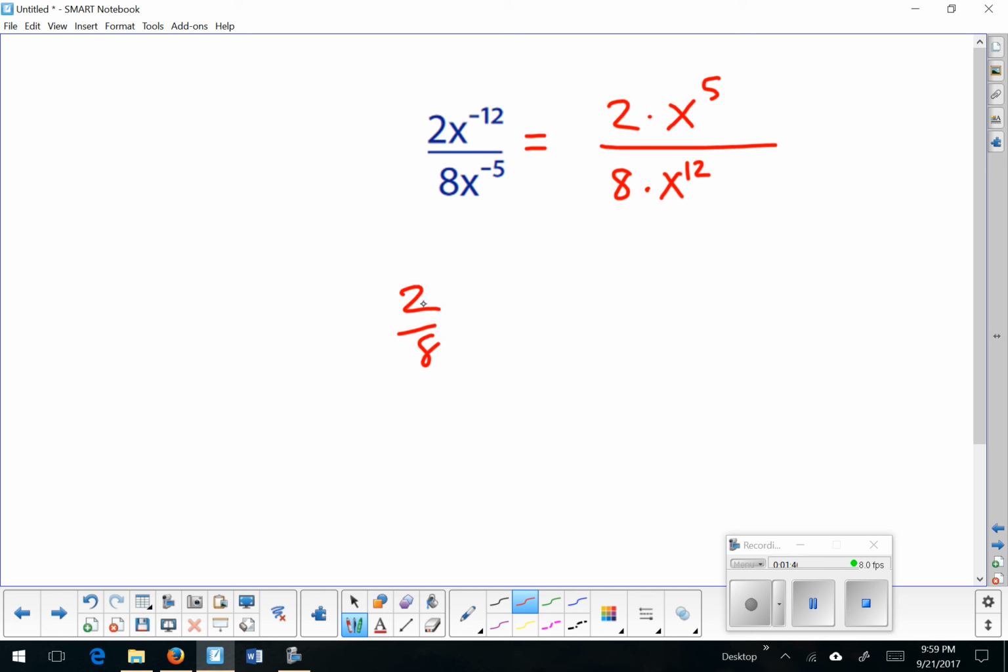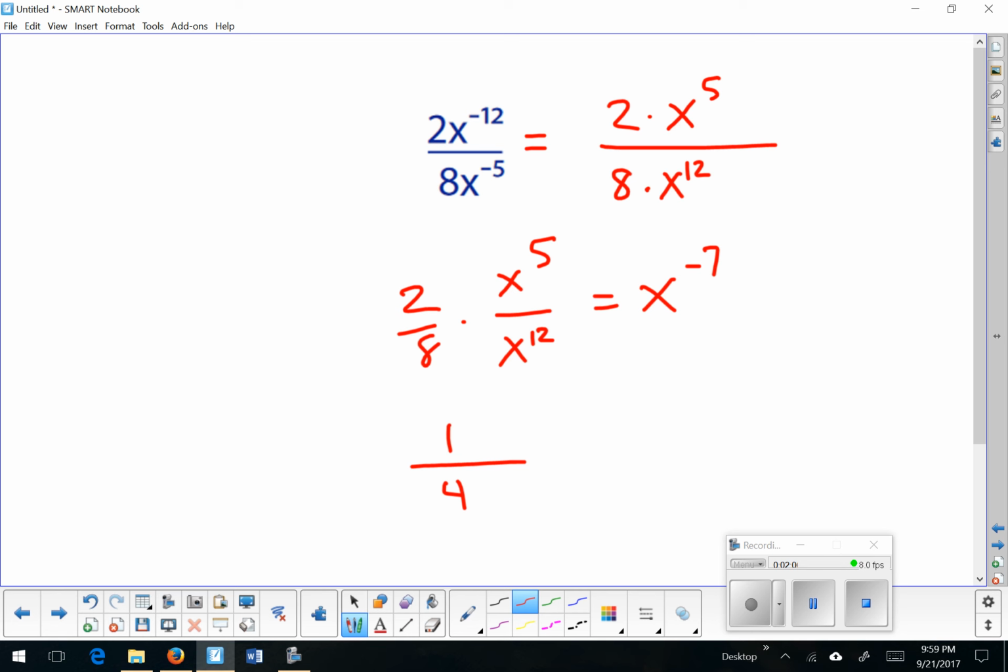I'm going to simplify my numerals, and then I'm going to simplify my like variables. So I only have one simplification possible here, but I actually have two simplifications that are possible here. When you are dividing like bases, the exponents are subtracted. So I'm going to get 5 minus 12, which is technically a negative 7.